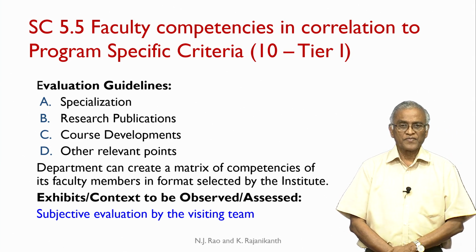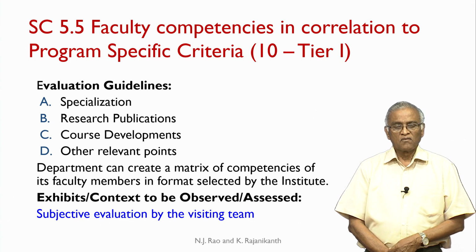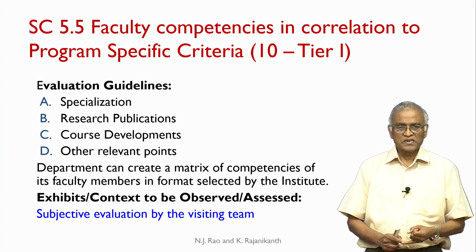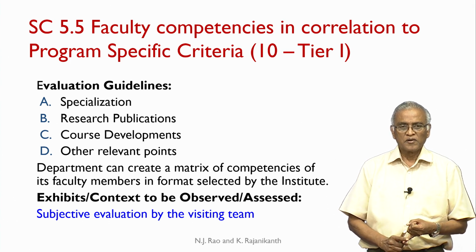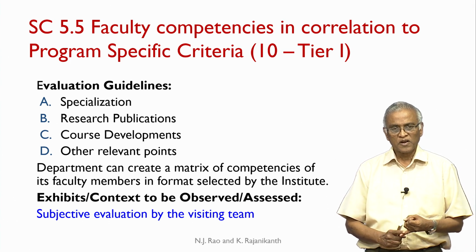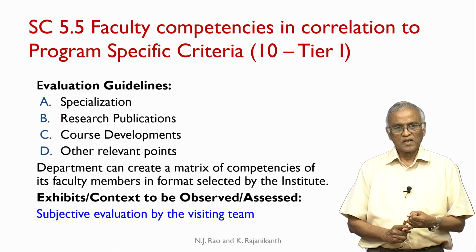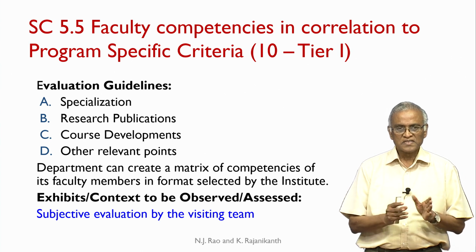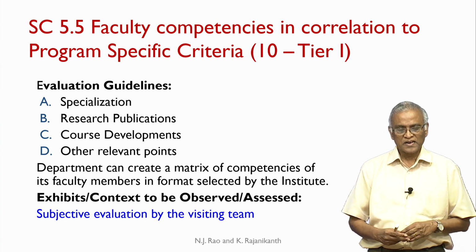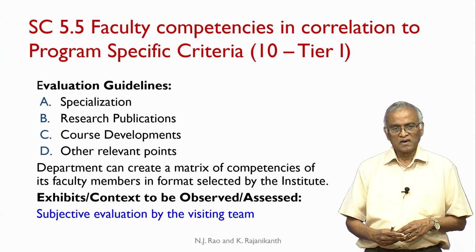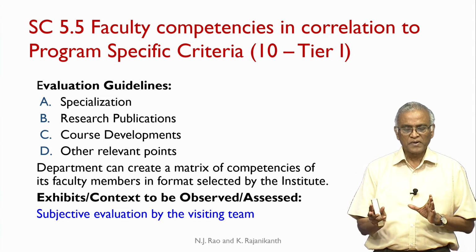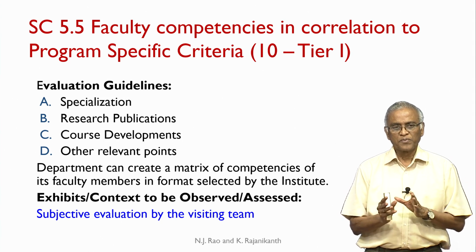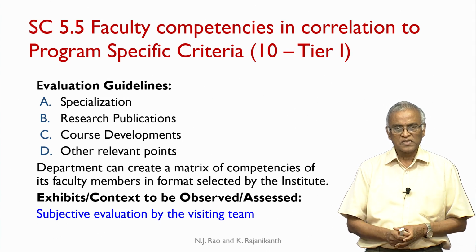Now, the evaluation guidelines are: all the specializations that are required by the faculty to run your program, are they covered, and are there any research publications in the area of that program specific criteria, or any course developments that have taken place, or any other relevant points if you are putting all of them together.